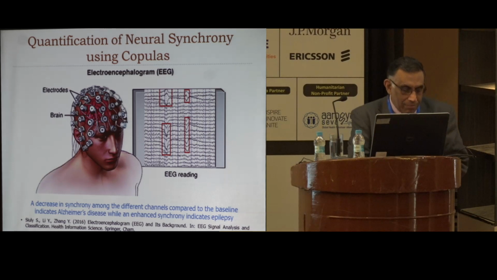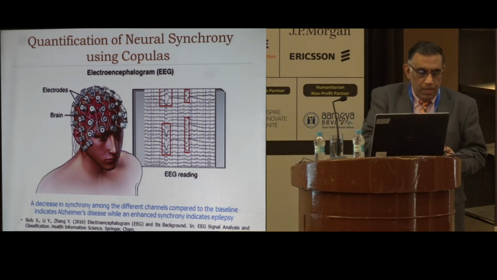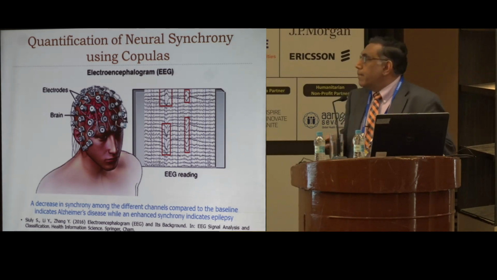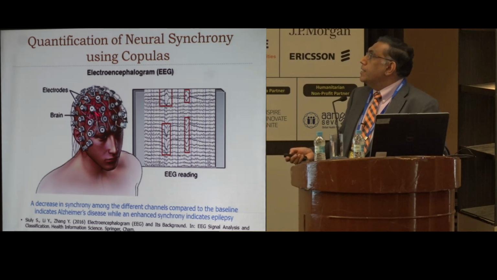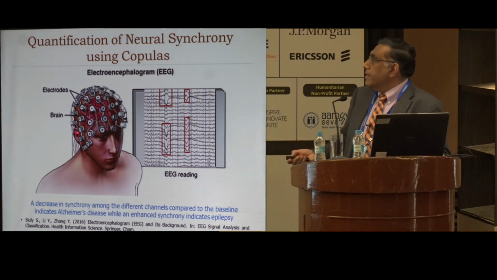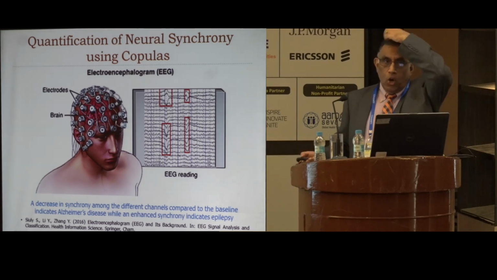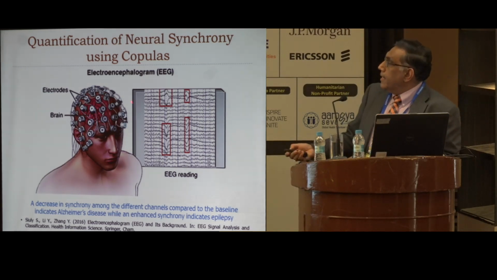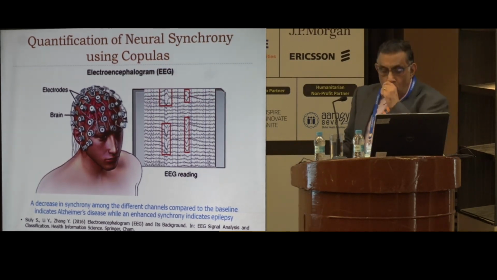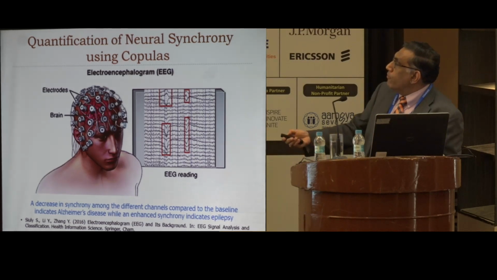So as far as the Alzheimer's disease thing is concerned, what happens is that EEG is taken, and you have a lot of sensors, and each sensor generates a time series, so it is a signal of this kind. And what people look for is neural synchrony.